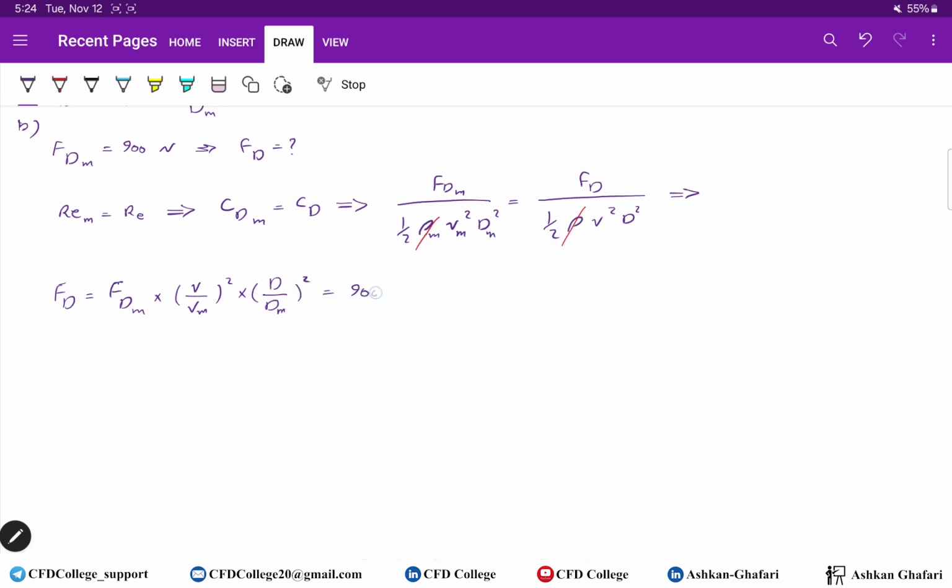It's equal to 900 newtons times (3 meters per second over 12 meters per second)² times (d over dm, which is 4)². As you can see, Fd is also 900 newtons for the actual prototype.